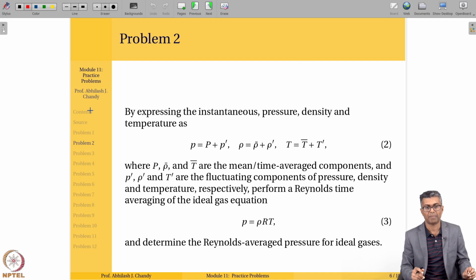Perform a Reynolds time averaging of the ideal gas equation P is equal to rho RT and determine the Reynolds average pressure for ideal gases.